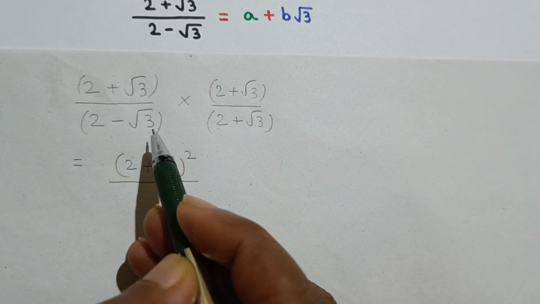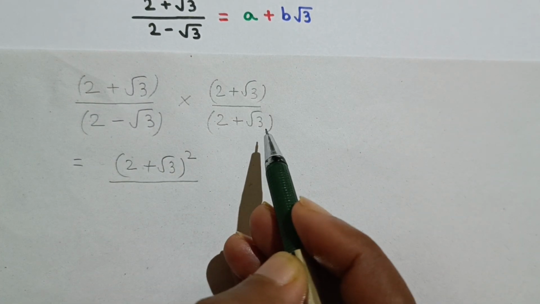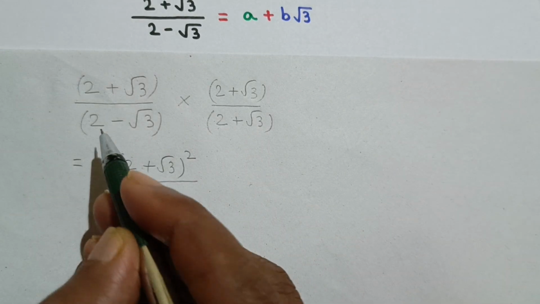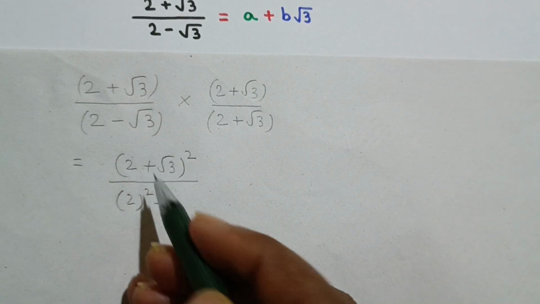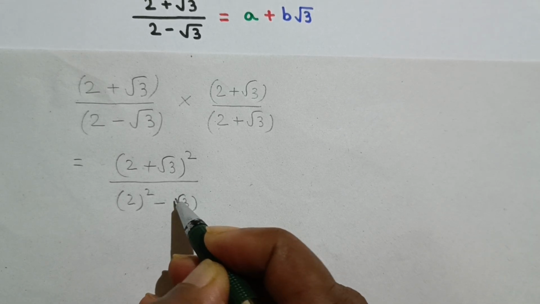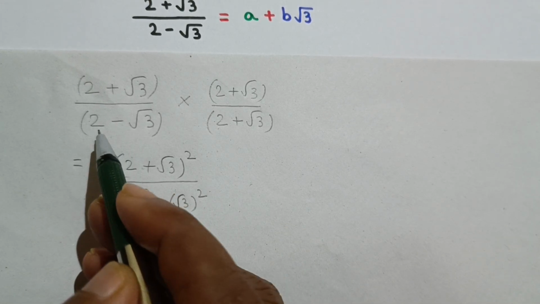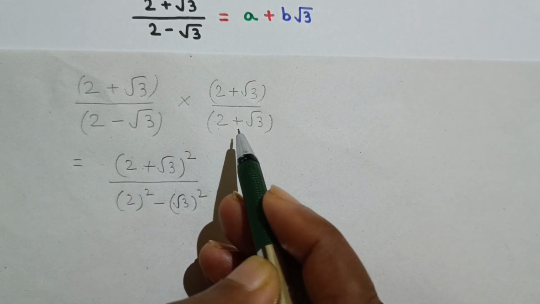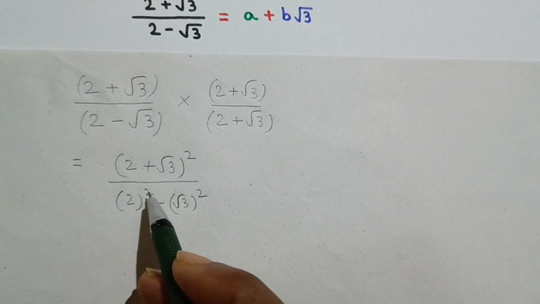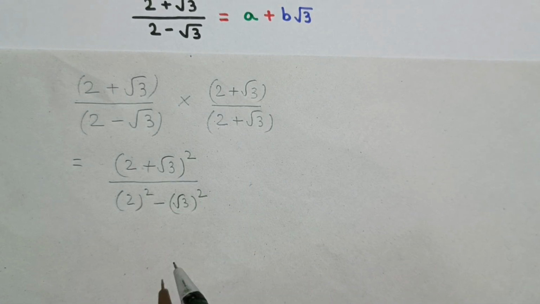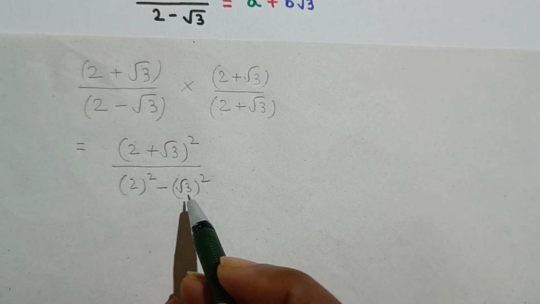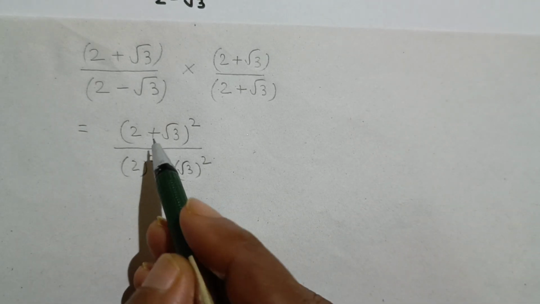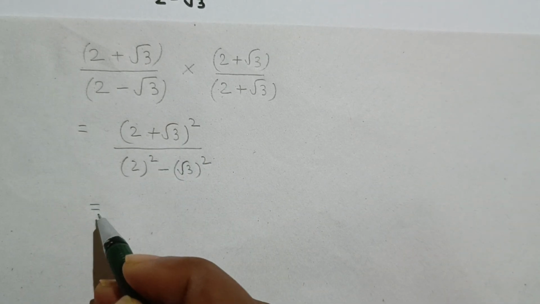So therefore 2 minus square root of 3 multiplied to 2 plus square root of 3 will become 2 whole square minus square root of 3 whole square. So the denominator becomes 2 square minus square root of 3 whole square. Now let us solve this.